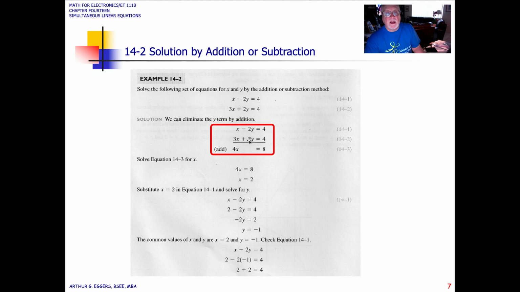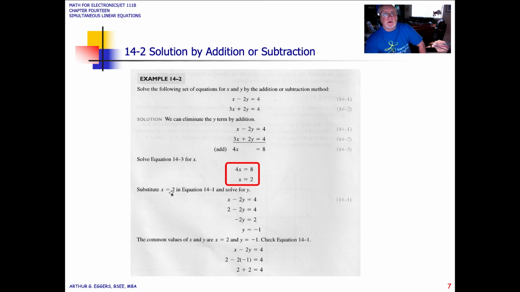Minus 2y and plus 2y cancel each other out, so we get 0. And x plus 3x gives us 4x. So we have reduced the equation, through adding the two expressions together, to one unknown, in this case, the x value. So we solve the equation for x. 4x equals 8 or x equals 2.